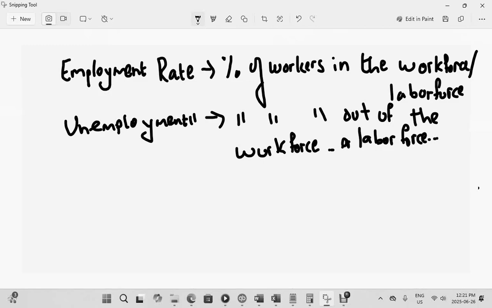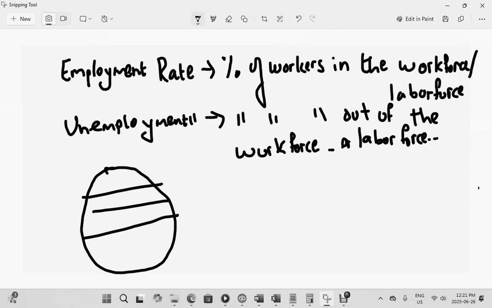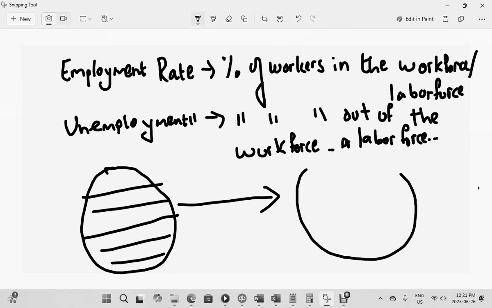Say for example you have a circle over here. This is your total population in a given country. If you consider the total number of employed and unemployed individuals, they would make up a certain percentage of this population.